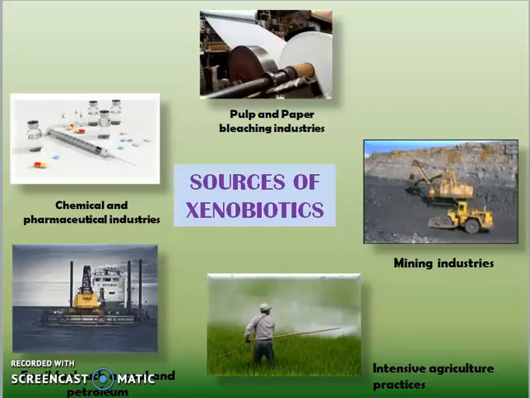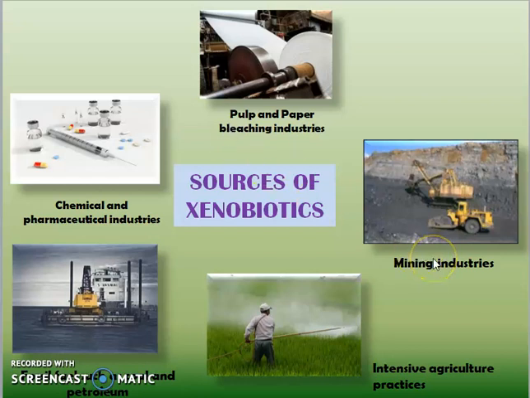Now we will discuss the major sources of xenobiotic compounds. This includes chemical and pharmaceutical industries that produce a wide array of xenobiotic compounds. Pulp and paper bleaching industries are the main sources of natural and man-made chlorinated organic compounds in the environment.